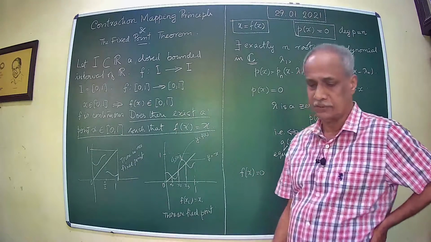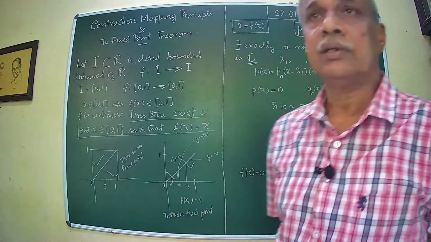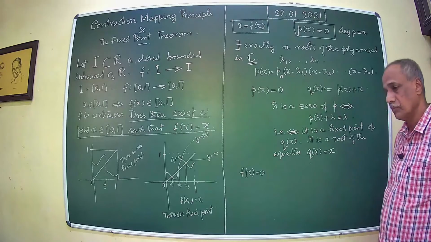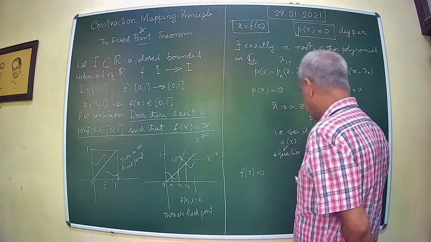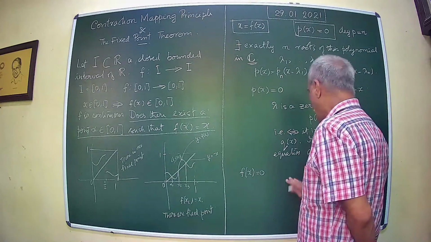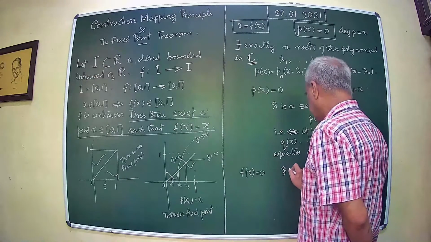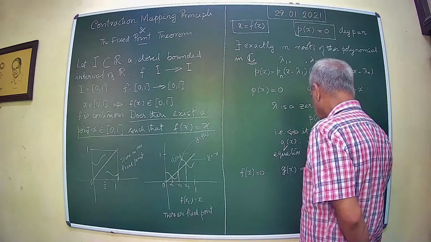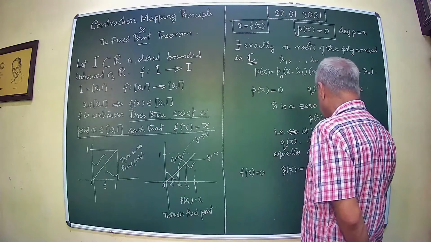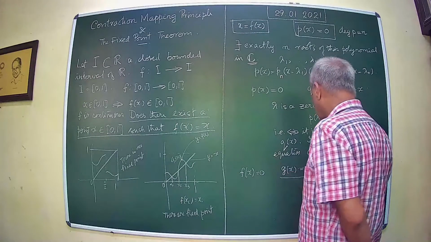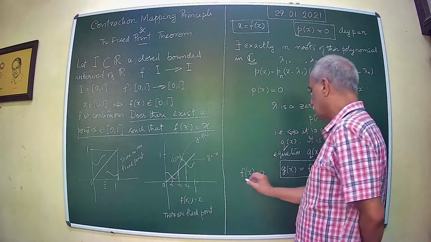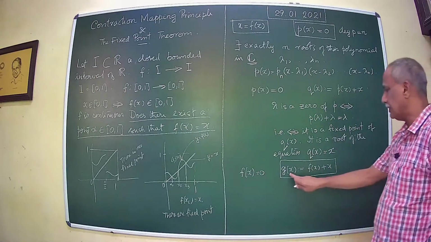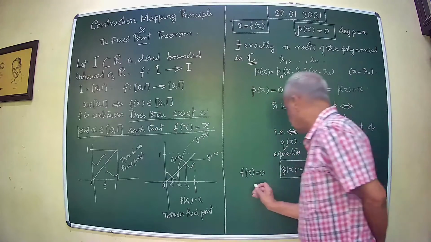Therefore, any problem of this kind, that is f(x) equal to 0, that is finding the zeros of a function, can be redrafted as finding the fixed point of a different function. That is, all that you need to write is define g(x) equal to f(x) plus x, and then the roots or the zeros of the function f are essentially the fixed points of g.